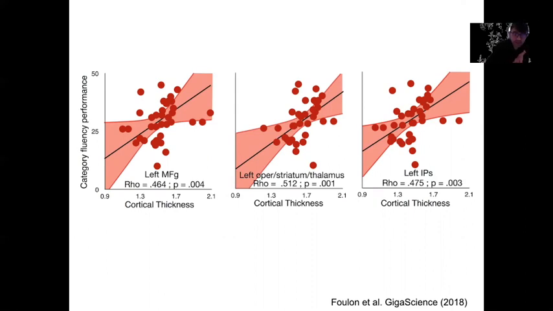And the thinner it is, the lower will be your performance in category fluency, demonstrating that the disruption of the integration within this large network is the best predictor of the category fluency performance.